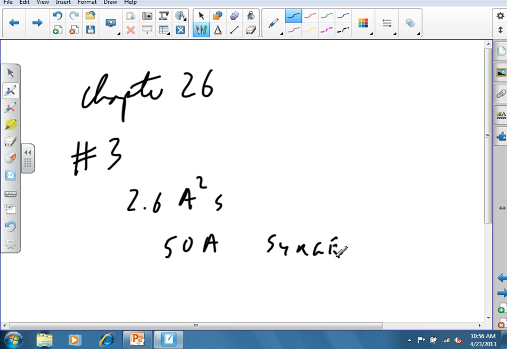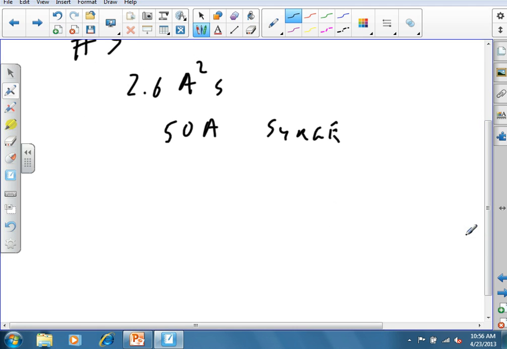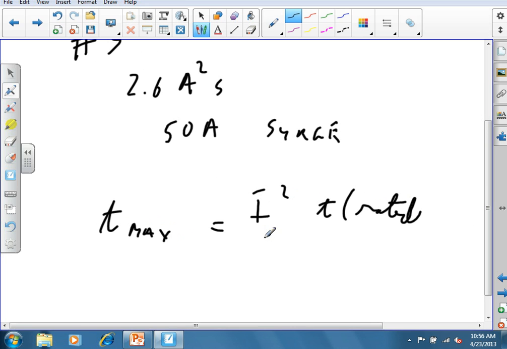Determine the maximum allowable duration. Okay, so that's on page 912, where it says T max is equal to I squared T rated divided by IS squared.